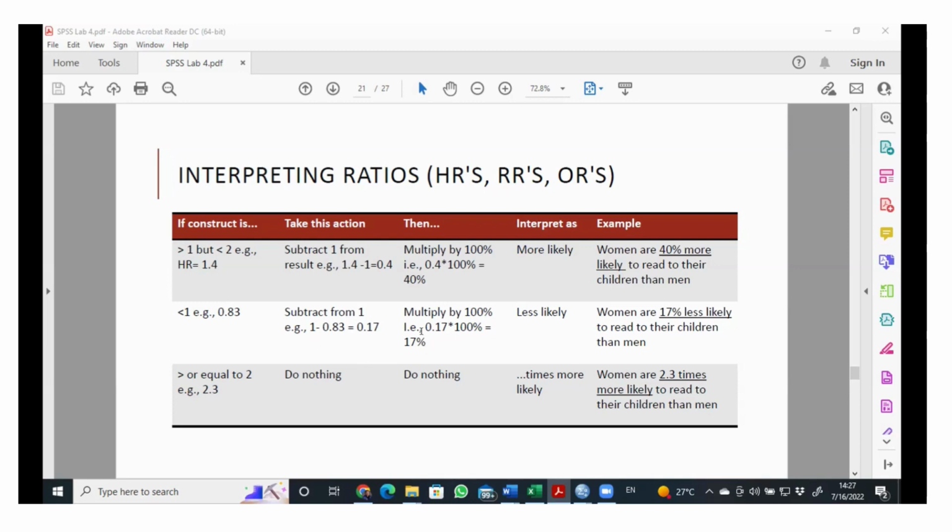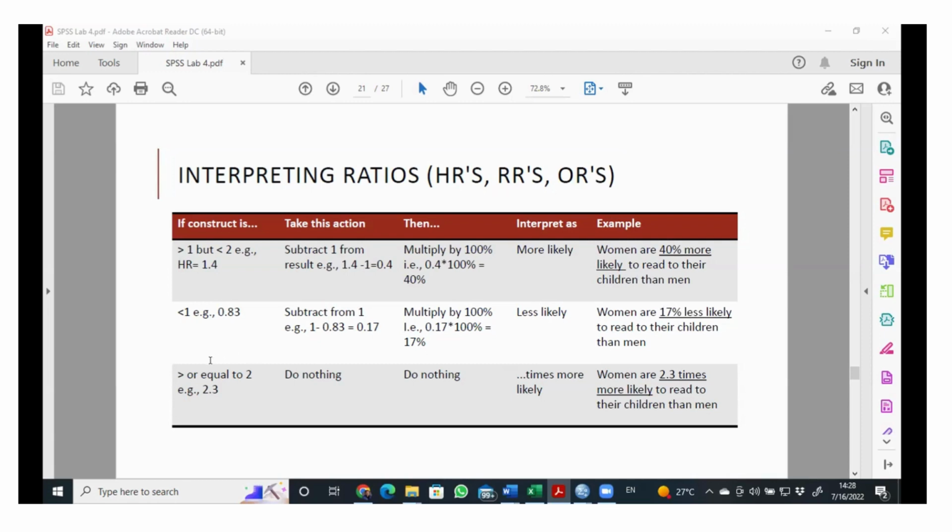You convert it to a percentage, you get 17%. So that means they have 17% less odds, because if you're using odds ratio, it's 17% less odds. If it was relative risk, 17% less likely. That's clear as well, right? Yes, sir. Clear.